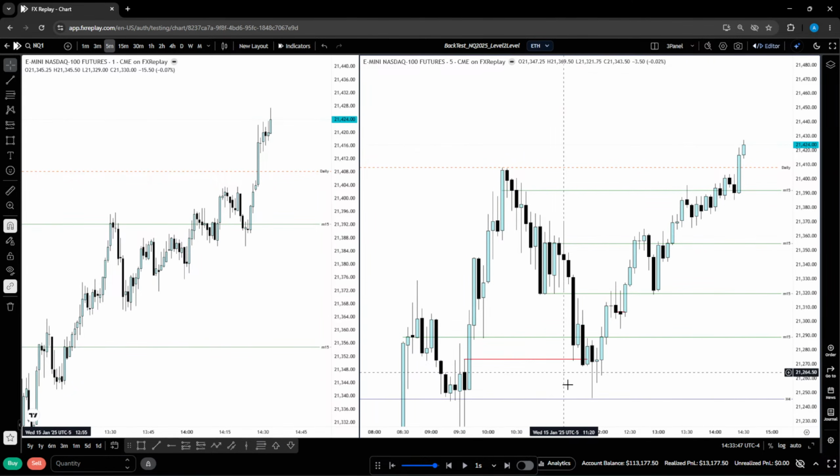Took a bunch of losses and then I guess we got them back in one trade.